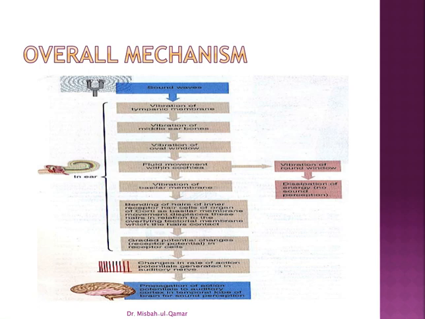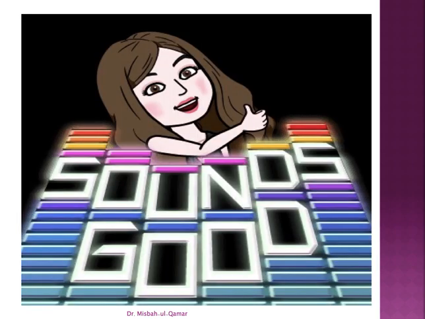So this is the whole mechanism of the generation of the action potential in the hair cells. So I hope you are clear about this. In the next part, we will start from the nerve impulses, once they are generated, how they reach the CNS, and what do they show.